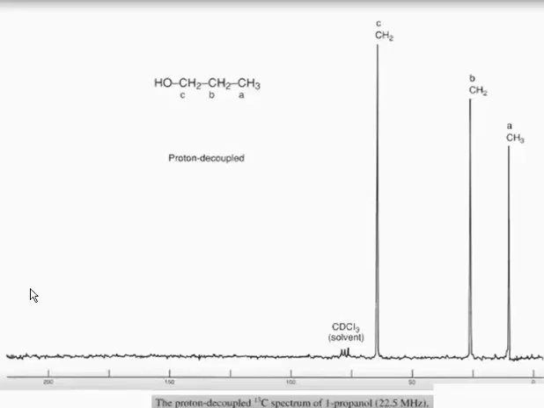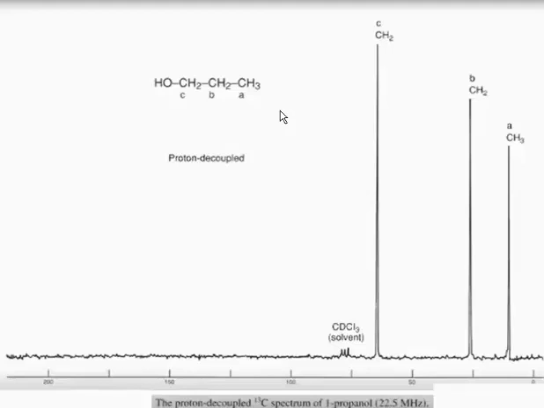Now, if that effect didn't occur, if this was just like the proton NMR, because there are 3 carbons and 3 signals, and there's 1 carbon A, 1 carbon B, 1 carbon C, because they're all equal, it is 1, 1, and 1, we would see 3 singlets that are all the same size.